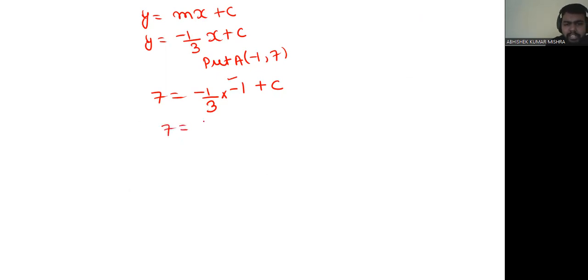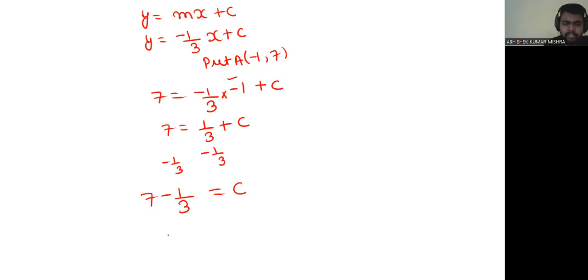So 7 would be equal to 1/3 plus c. Now what I would be doing is subtracting 1/3 here and 1/3 here. The transpose method, right? In America, you people study like that. Though this is not a good method to solve a linear equation, you are taught like that by your teachers.